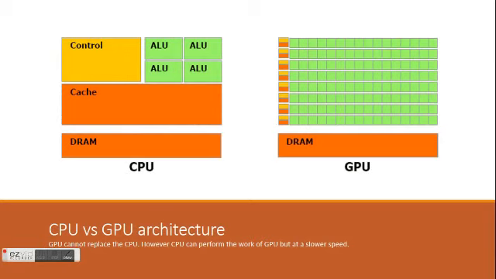You can easily distinguish between the CPU and GPU architecture. While the GPU cannot replace the CPU, the CPU can perform the work of a GPU but at a slower speed.